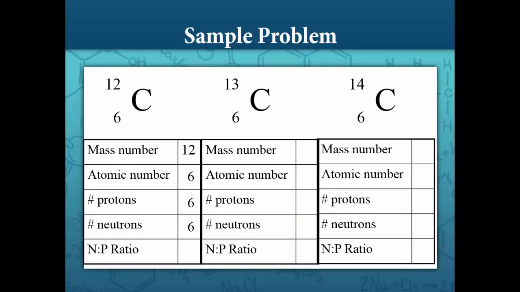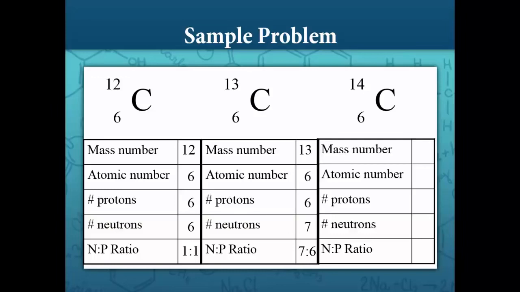The neutron-to-proton ratio is equal to the number of neutrons divided by the number of protons, which in this case is 6 divided by 6, which is 1:1. The mass number of carbon-13 is 13, and its atomic number is still 6. That means carbon-13 has 6 protons, and 13 minus 6 neutrons, or 7 neutrons, and a neutron-to-proton ratio of 7:6.